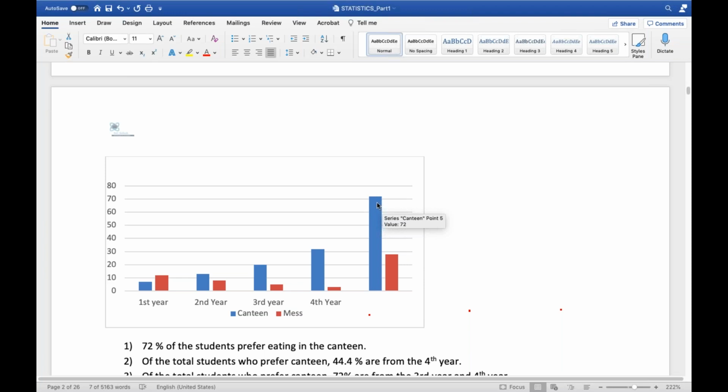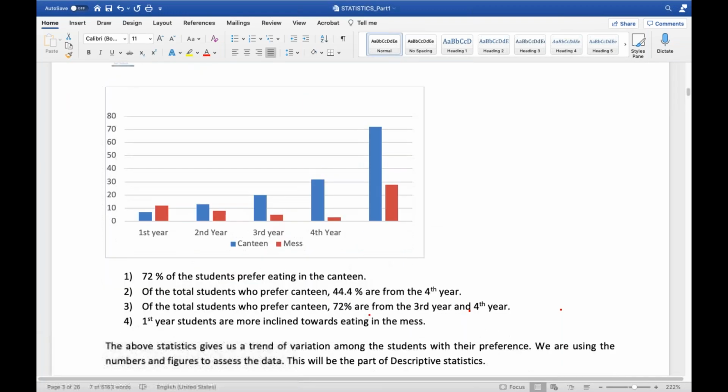The graph indicates that more people are interested in the canteen and very few are interested in the mess. Year-wise, fourth year people are very interested in the canteen only, not the mess. Third year is the same. Second year people are moderate, but first year people are very poor. Then I give a decision to that uneducated person, Mr. XYZ.